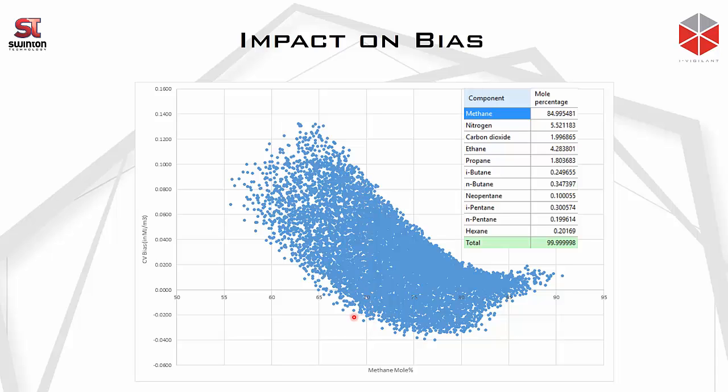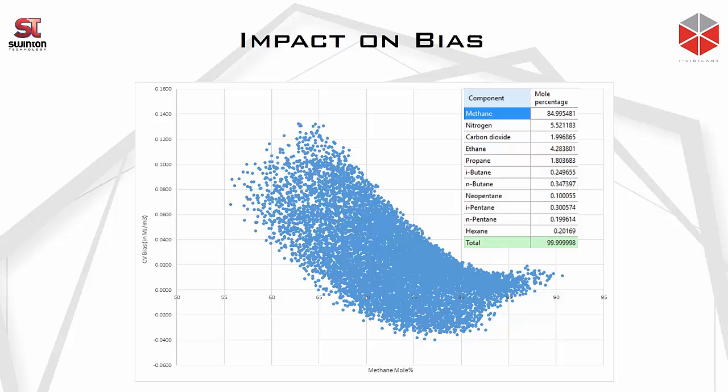We get to see the error go up to 0.08 when the methane operates at around 70%. And even further away, when we operate at 60%, the bias can go to more than 0.1 megajoule per standard meter cube. Now we don't really want that.